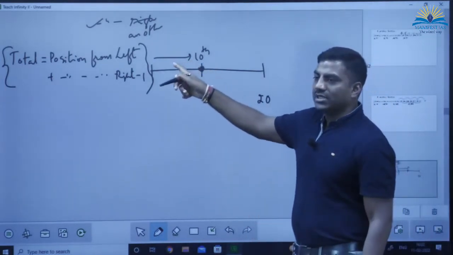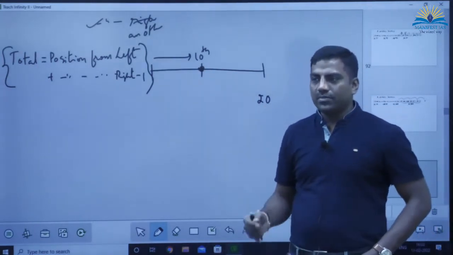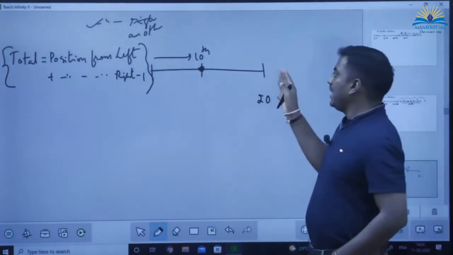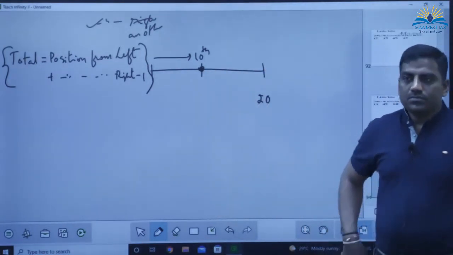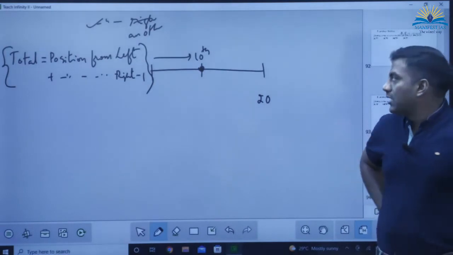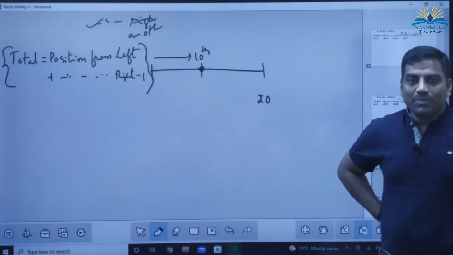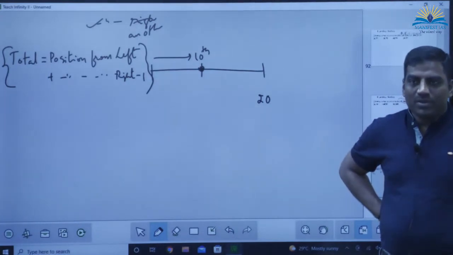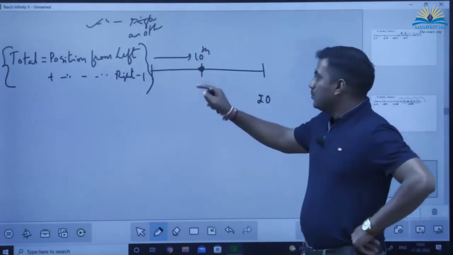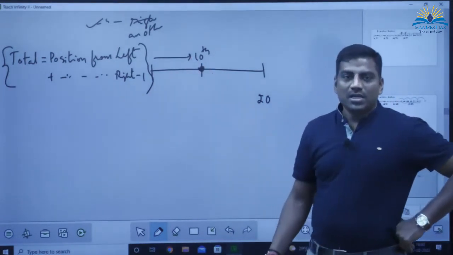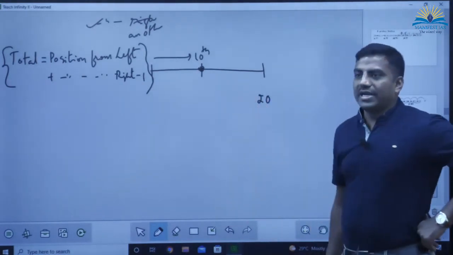This person's position is 10th from the left. Then, what will be his position from the right?